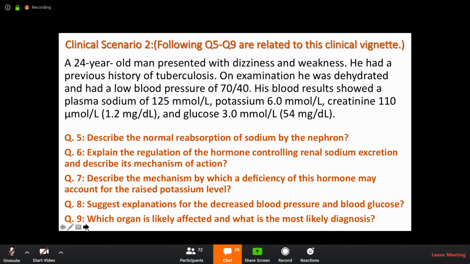Now we come to the third component, which is the distal tubule and collecting duct. In the proximal tubule, 70% is reabsorbed. In the thick ascending limb, 20% is reabsorbed, so we have 90%. 9% is reabsorbed from the distal tubule and collecting duct.